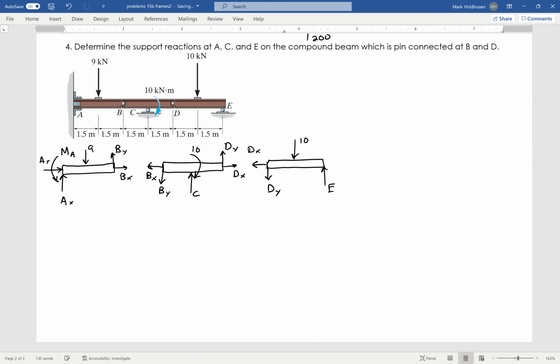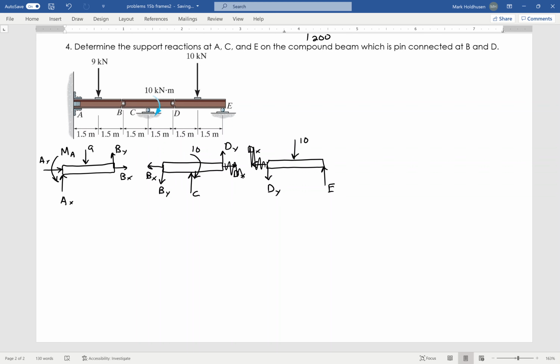And I'm actually going to start over on this one because notice on the right member I've got 3 unknowns. Each one of these has 3 equations. I can actually solve this one. Hopefully you realize that DX does not exist. There's no force in the x direction, so that goes to 0. Summing the forces in that direction has to equal 0.